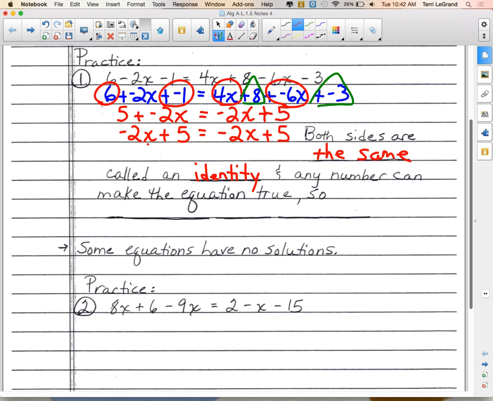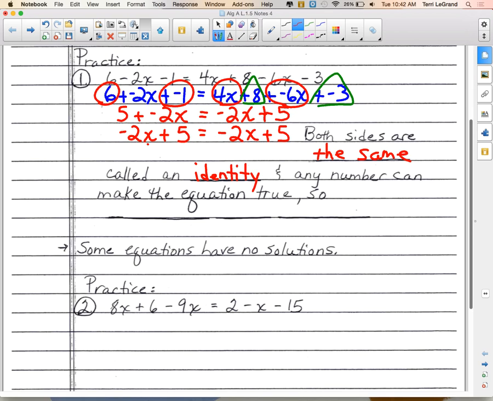So do you think there's any number that we could possibly pick that would not make it true? How about 0? For some reason, when it happens, we're like, oh, I can't have 0. Do you think we could have 0? What's negative 2 times 0? 0. What's 0 plus 5? 5. Would that happen over here? Yeah. So can 0 be a solution also?